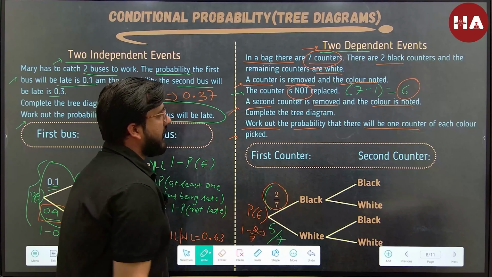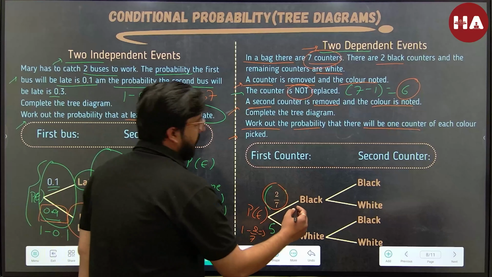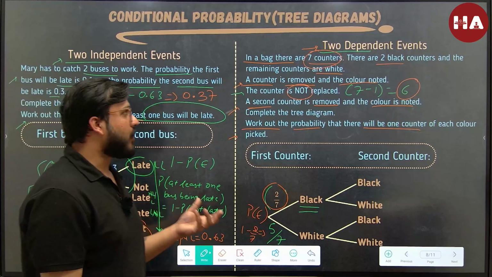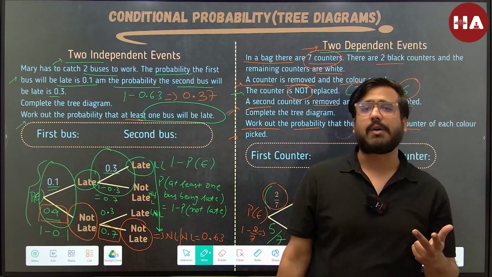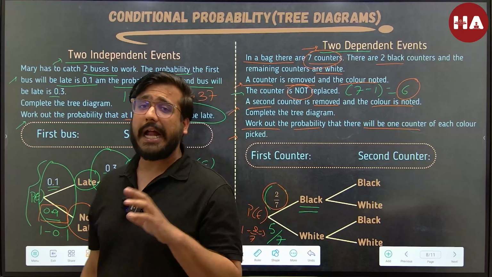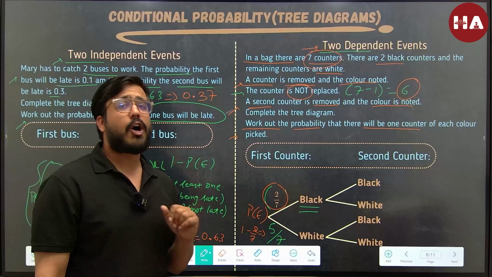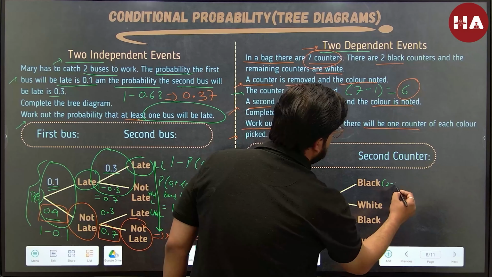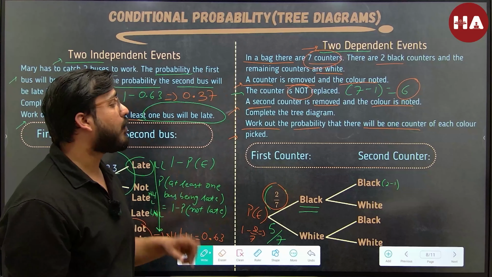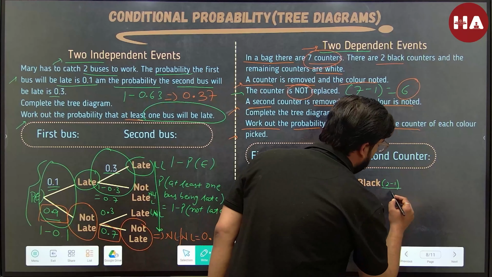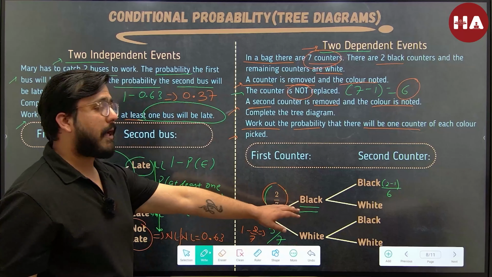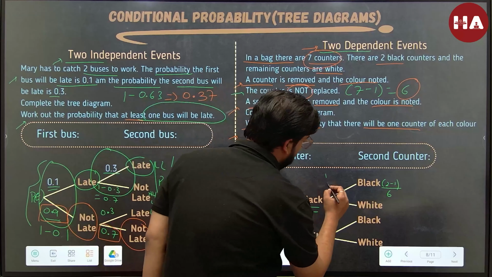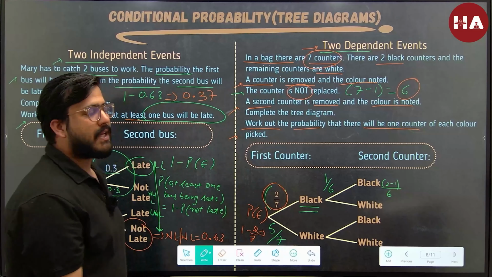As you can see here, if I pick a black counter, I have 2 black counters. If I have picked one and not replaced, the number of black counters will be 2 minus 1, and the total number of outcomes will be counted as 6. So the probability for this branch of the tree will be evaluated as 1 over 6.